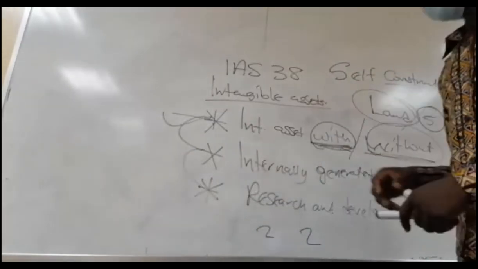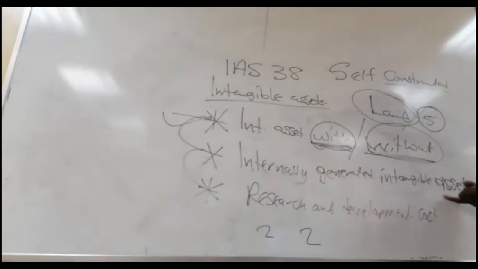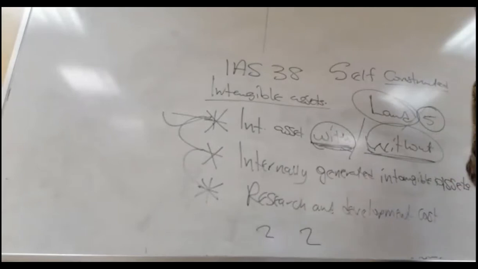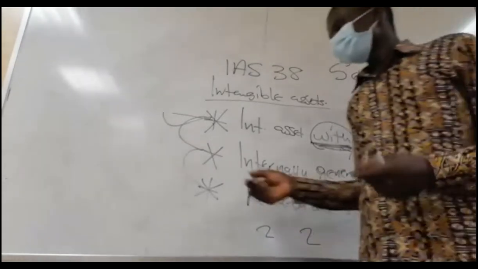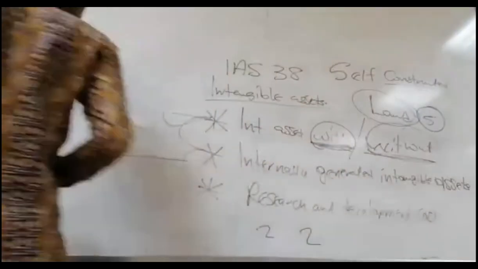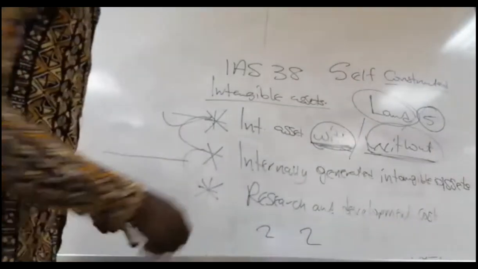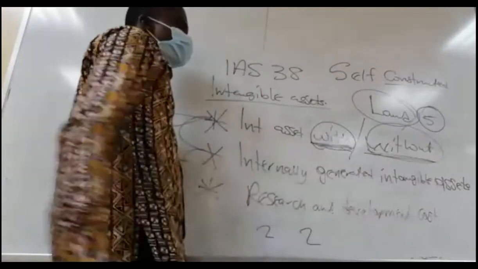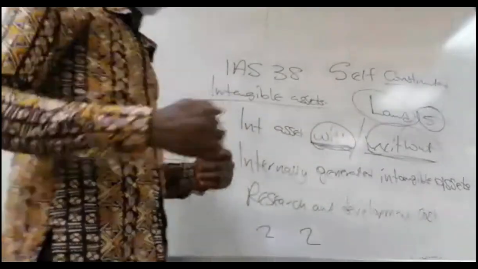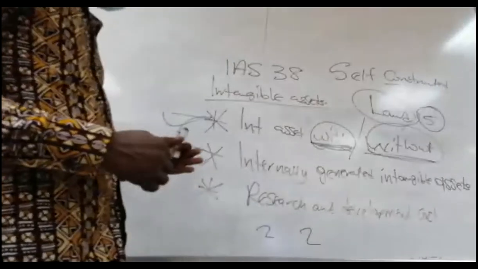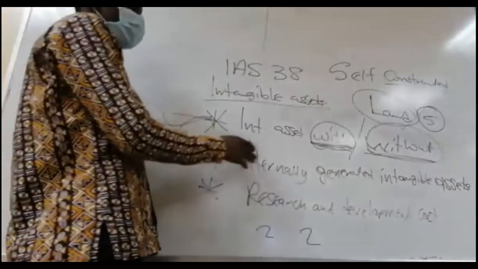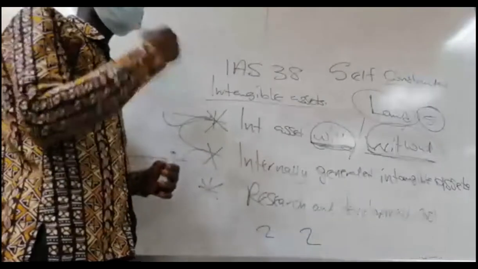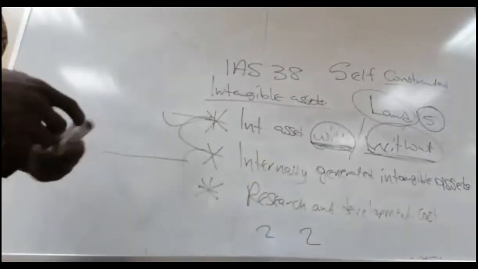Now what happens with an internally generated intangible that the company generated by itself? How do you treat it? Usually, the challenge is that the cost of such an intangible cannot be determined reasonably. The reason is that we cannot separate the cost of that internally generated intangible from the company's own normal cost.